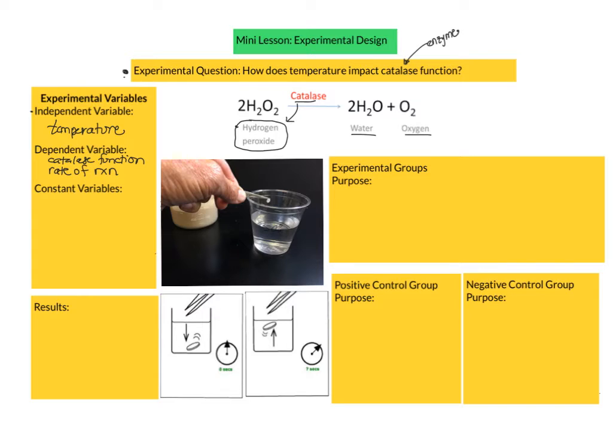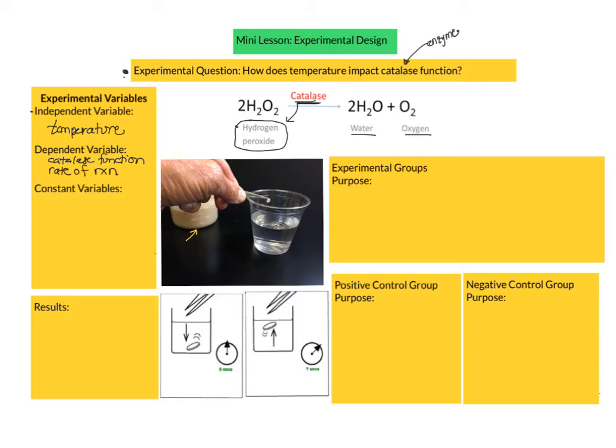Okay, so with those two variables in mind, I want to tell you a little bit more about this experimental setup. Now, this lab, which I think is pretty fun, is called the Floating Disk Lab. And the way we set it up actually is we can extract catalase, and that's what we see right here, this kind of cloudy solution. This is catalase that's actually been extracted from yeast.